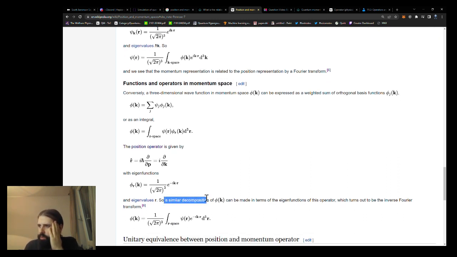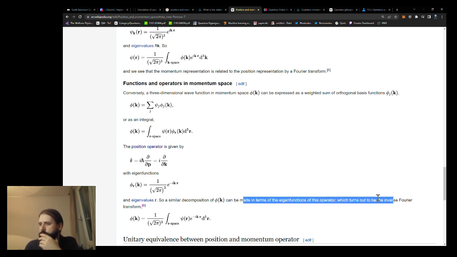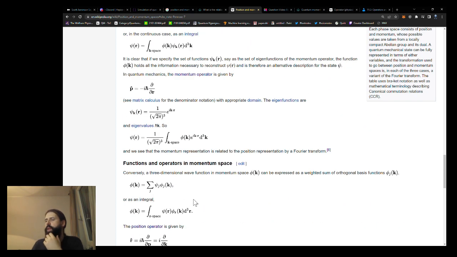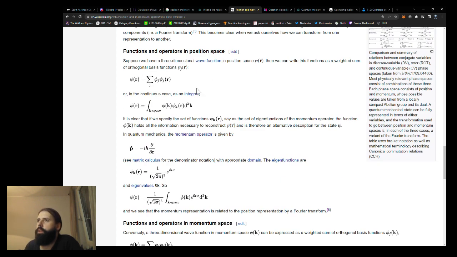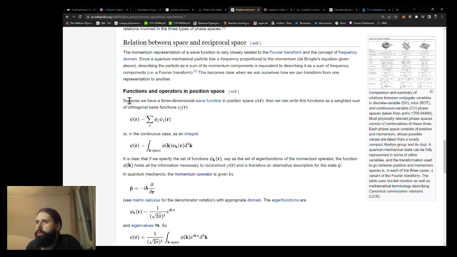So similar decomposition. So these are the eigenfunctions. It just keeps bothering me because I'm not so sure I understand this step. So three-dimensional wave function in position space. So this is the wave function in position space.